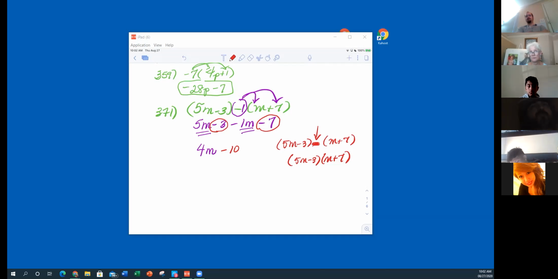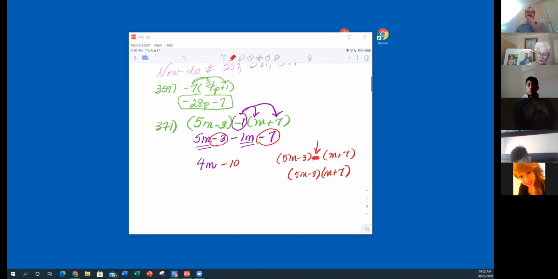Yeah, see, this is what's confusing me about the parentheses. Sometimes I understand it's just a placeholder, but now we have all these rules regarding parentheses, and I'm trying to dissociate one from the other now. It's just very complicated. Right. Yeah. You just have to pay attention to, like here, that 4p plus 1 is multiplied by the -7.